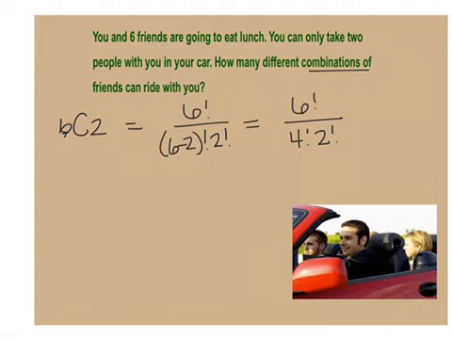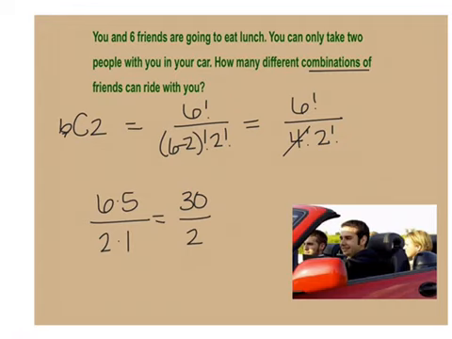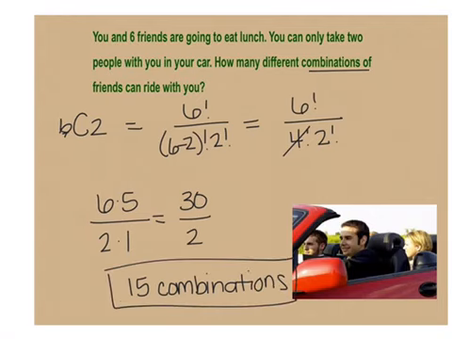So I'm going to stop when I get to 4. So I'm going to get 6 times 5. The rest would be the 4, 3, 2, 1. And then I still have 2 times 1 on the bottom. So 6 times 5 gives me 30. 2 times 1 gives me 2. This answer would give me 15 combinations, or 15 different ways that I could pick those 2 friends from the 6 I had total.